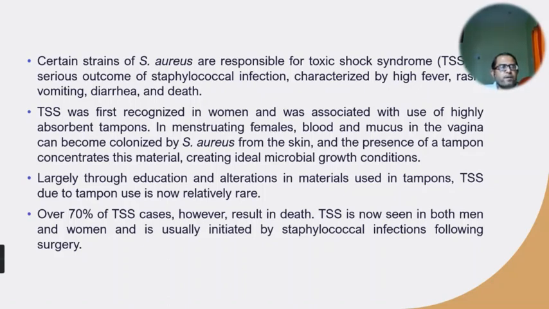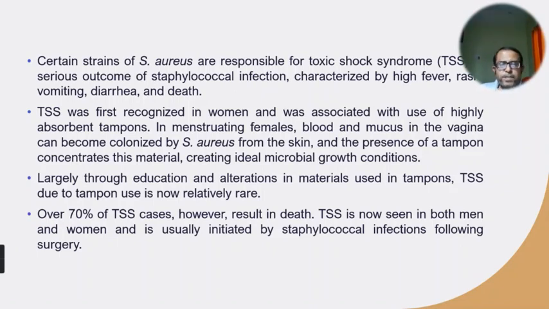Tampons are one kind of sanitary napkin used in menstruation. So because of this bacteria, toxic shock syndrome occurs in women where the sanitation conditions are not good.